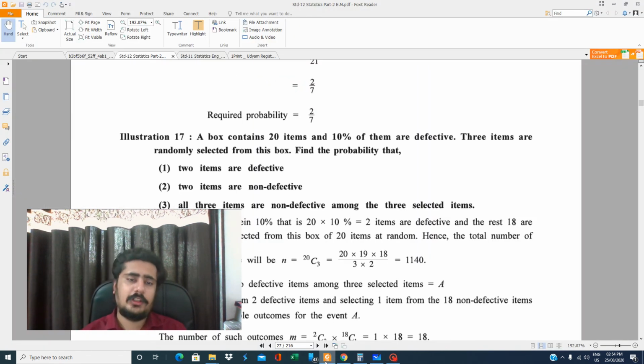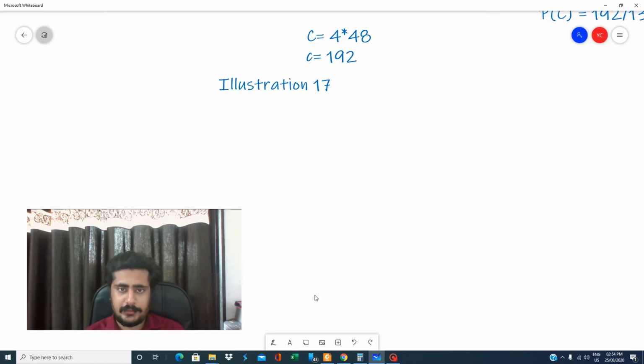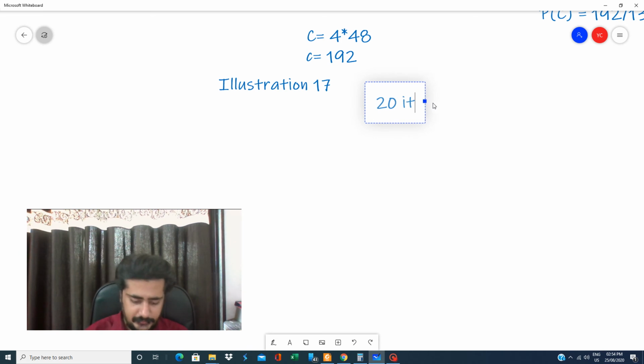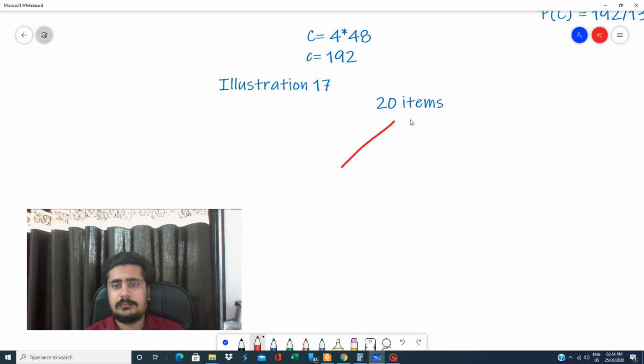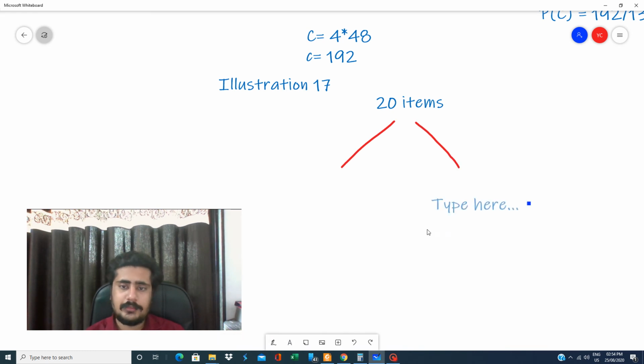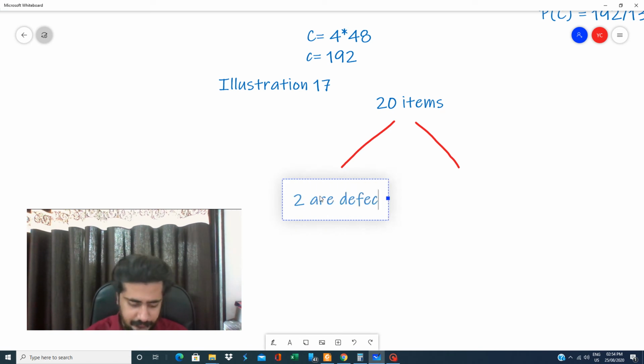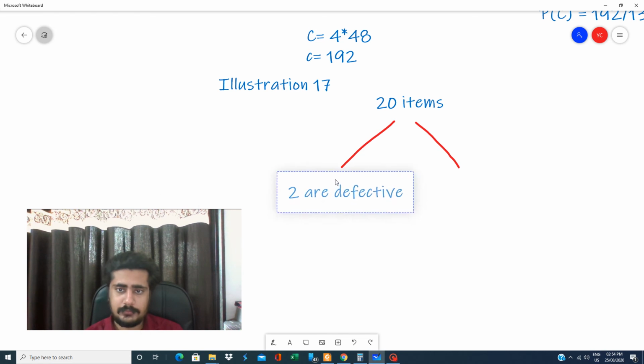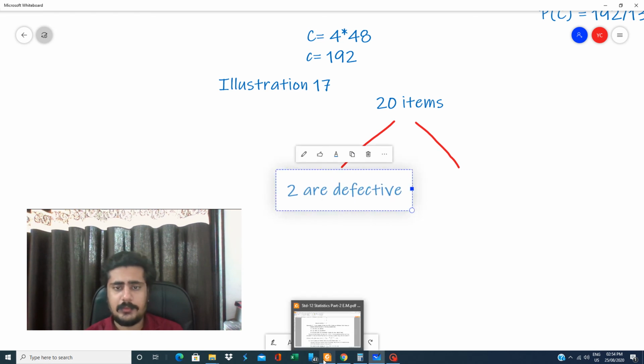What is the question? A box contains 20 items and 10% of them are defective. So in the box there are 20 items, of which 10% are defective. 10% of 20 is obviously 2.